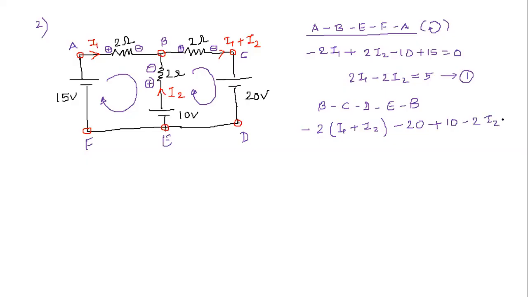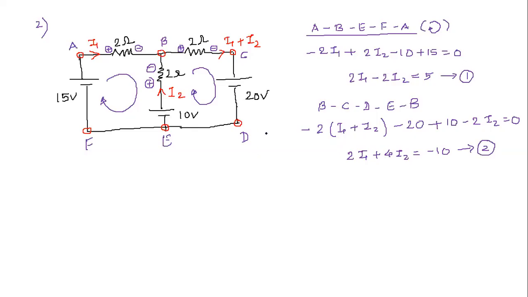Minus 2I2 is equal to 0. Good. So if I solve this one, you need to solve it to get this one, right? 2 I1 plus 4 I2 is equal to minus 10, right? Okay. Yes, sir.